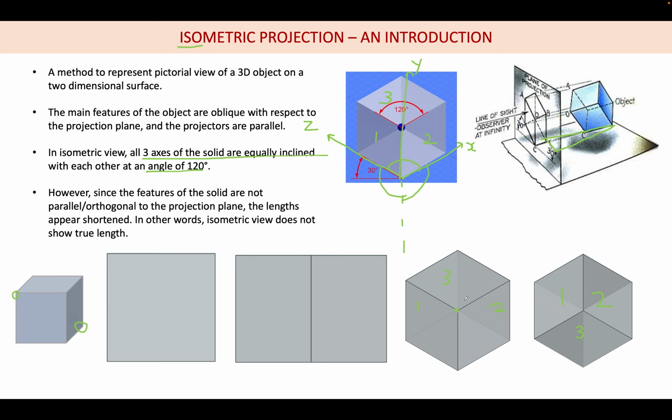Why? Because suppose your axis is like this, sorry, I will draw the axis at the bottom: x, this is my y, and this is my z. And in this one, this is my x, this is my y, this is my z.